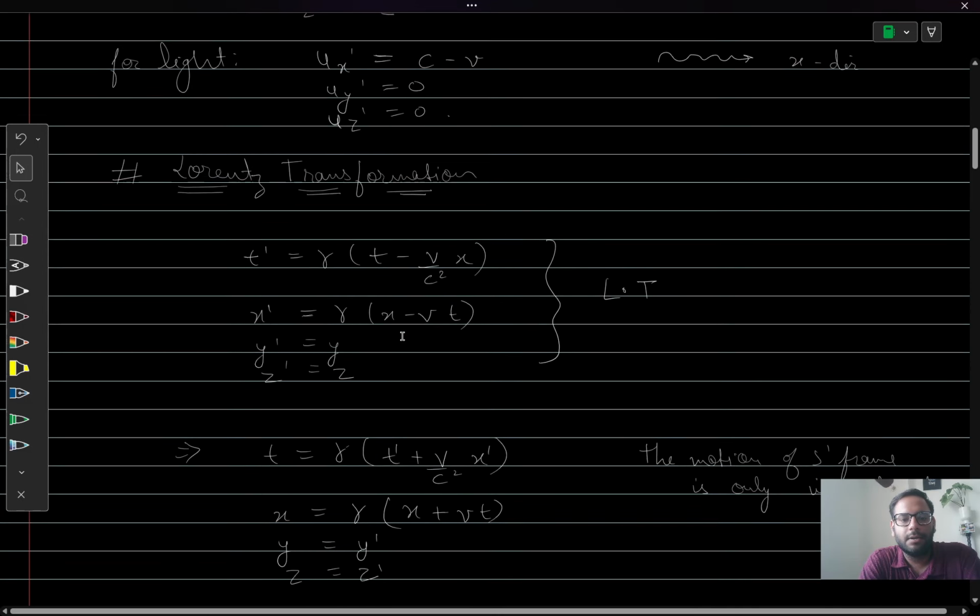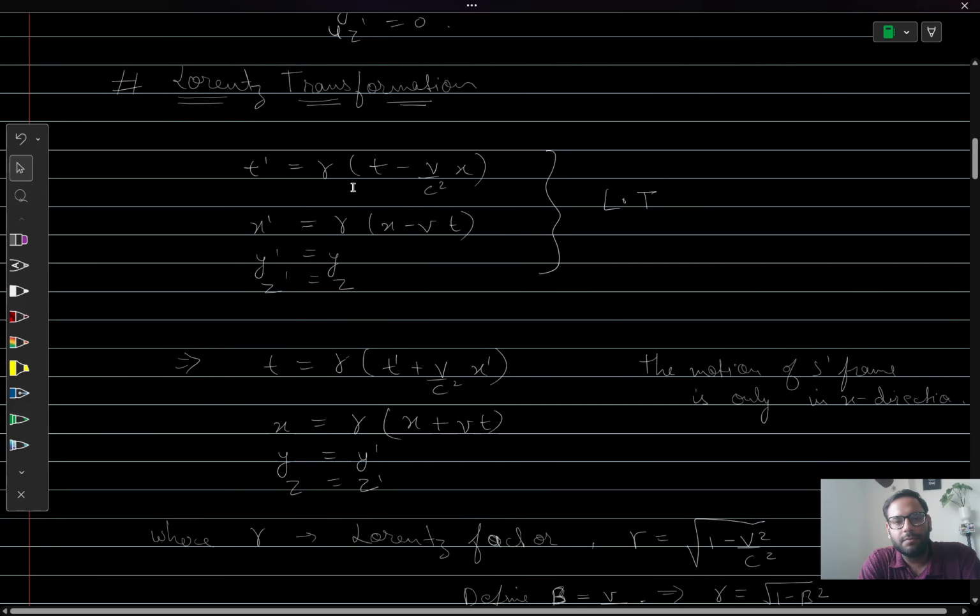But in the Lorentz transformation equations, the time in the S prime frame is dependent on the x coordinate of the S frame. So they are interconnected. They are entangled now. This time coordinate and the x coordinate are now entangled, and they both depend on each other.